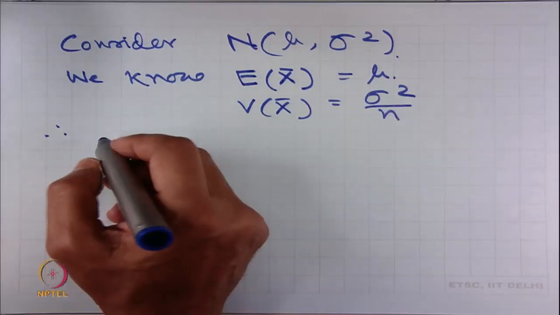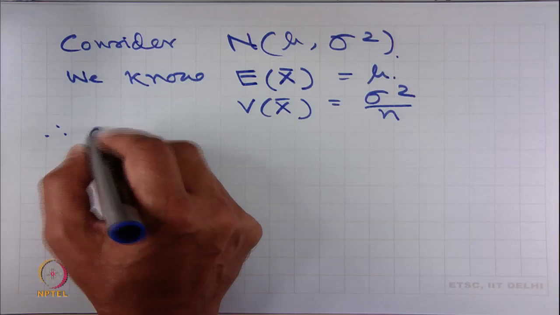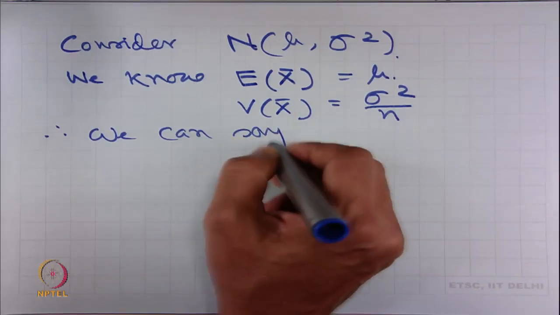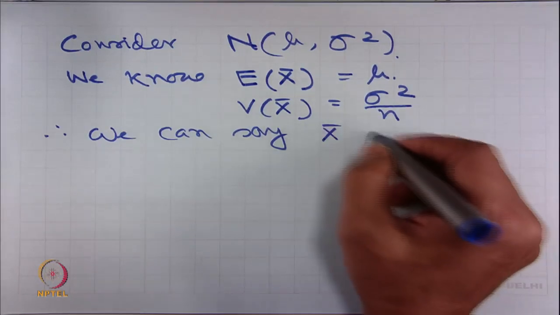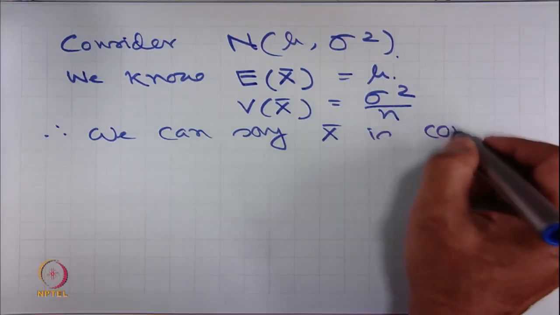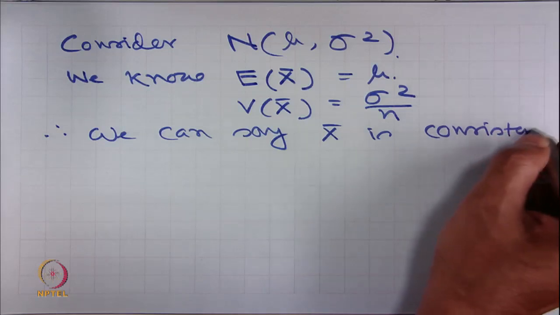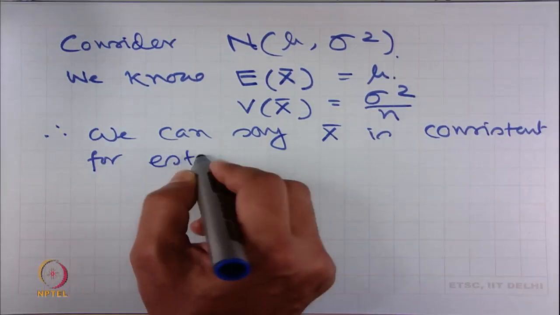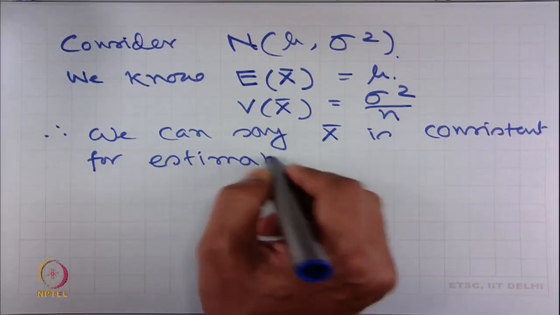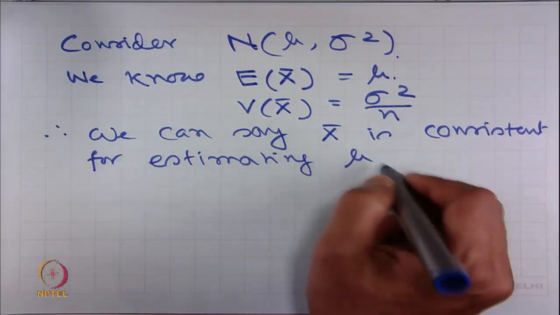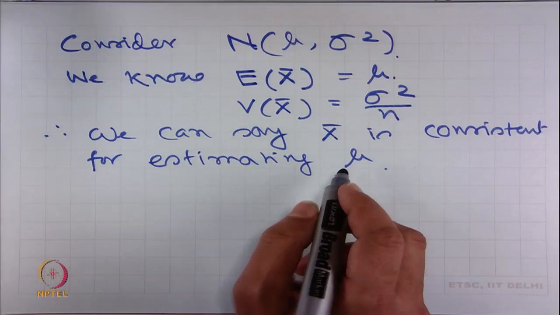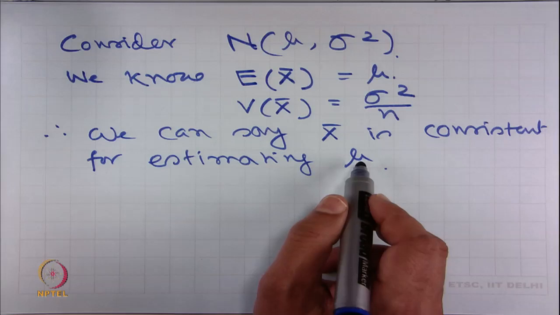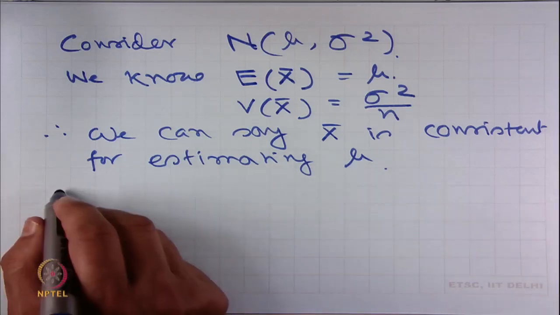Therefore, we can say x bar is consistent for estimating mu. This we get from the theorem that I proved in the previous class.